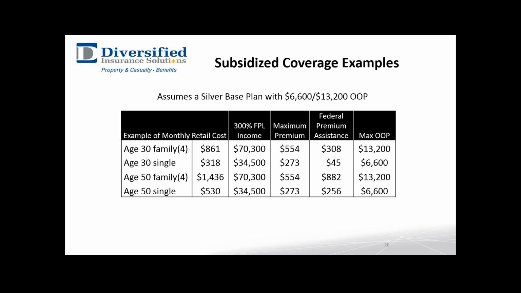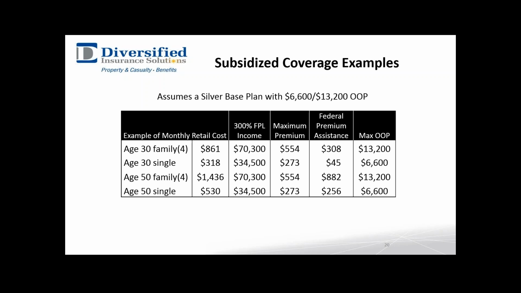Same thing for an individual that's age 30 versus age 50. My max premium I would pay is the exact same. However, where the difference is, is what the actual credit is from the subsidy that's issued. So again, same income for a family of 4 at 30, because my rate is a lot less, I would get $300.